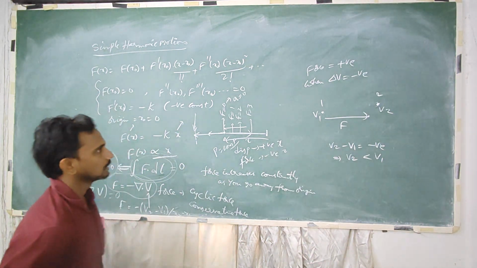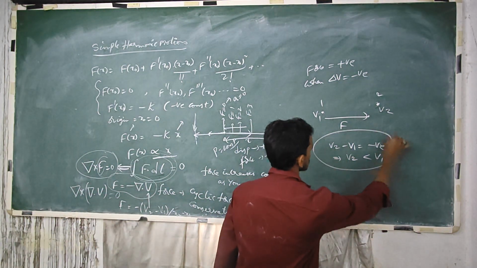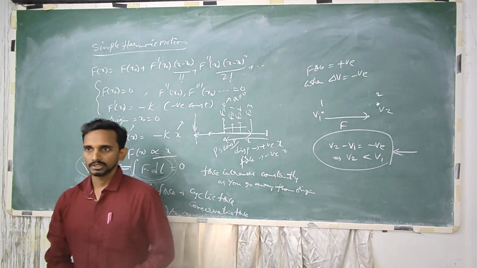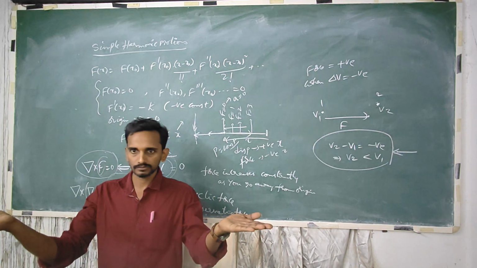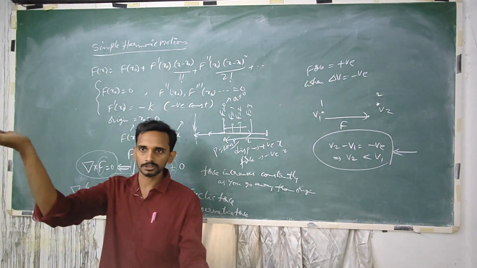Okay. So this is the origin of force. When there is a potential difference, then only force exists. So if any 2 points in space have the same potential, force will be 0. If there is a potential difference, force will be from high potential to low potential.